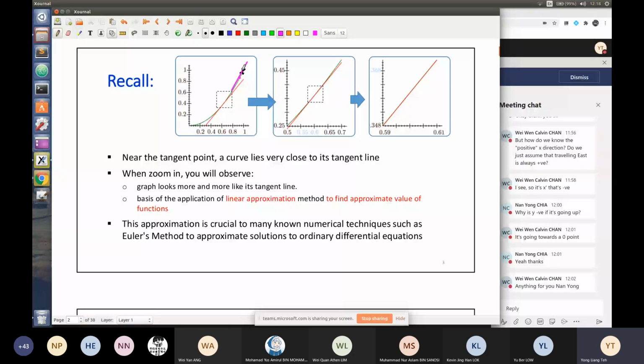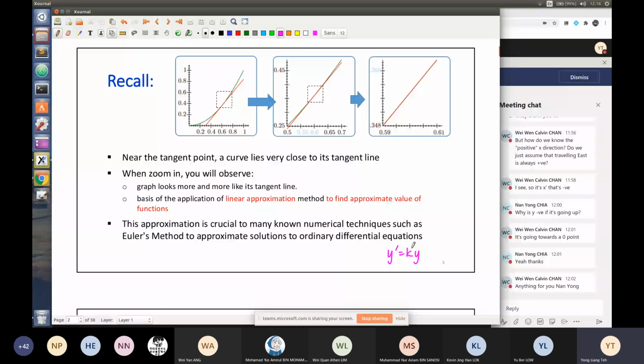And this approximation is actually important because the most basic numerical technique, known as Euler's method, is used to approximate solutions to many differential equations. The differential equation is one of the equations that you saw previously, which is given by y prime equals ky. You still remember we solved this, right?